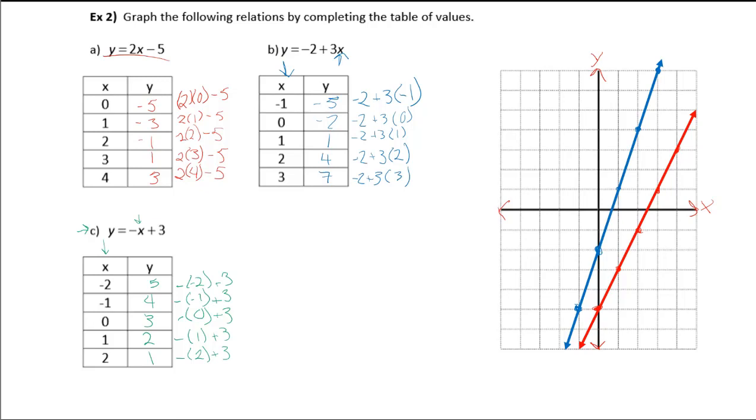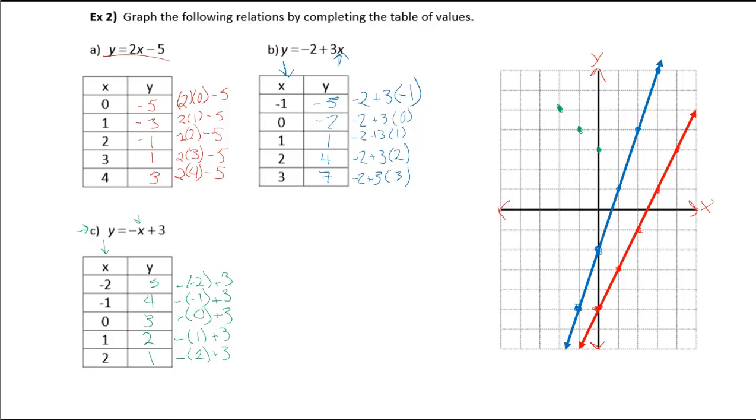Now let's plot these points. The x value is negative 2. Y value is positive 5. So I go left 2, up 5. So it should be right here. That's our first point. Then negative 1, 4. So I go left 1, up 4. Then the next point is 0, 3, so 0 and then up 3.